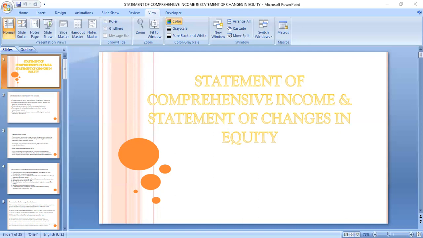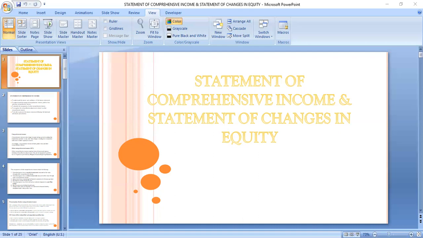Now we have this statement of comprehensive income in addition to the income statement. A statement of comprehensive income is prepared in order to show the total comprehensive income. The statement of comprehensive income starts with the net income or loss as shown in the income statement, plus or minus the components of other comprehensive income.